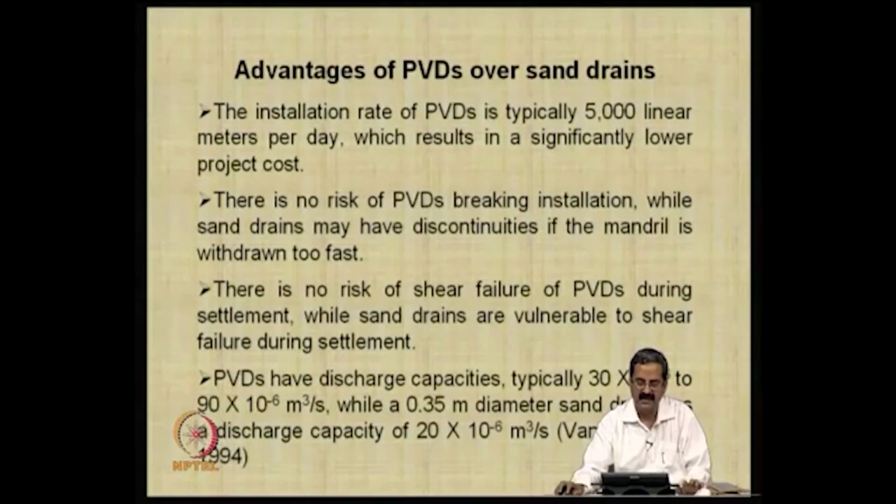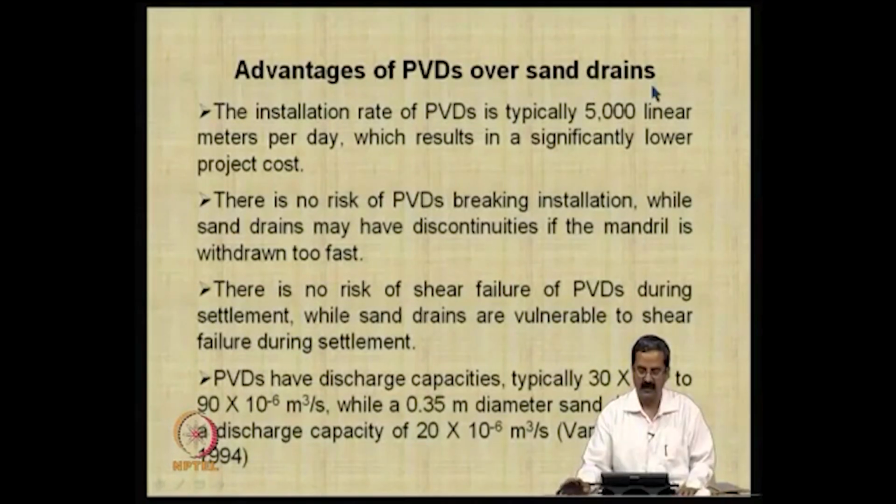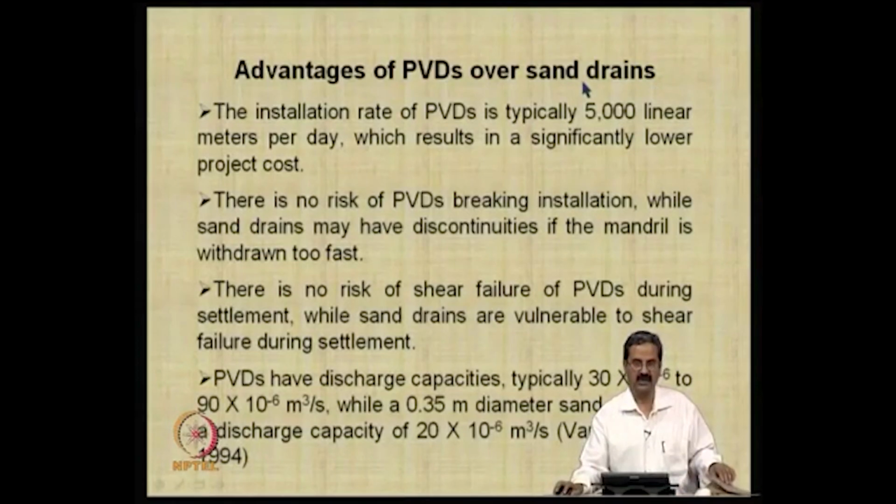I would like to highlight some advantages of prefabricated vertical drains over sand drains. In fact, sand drains have been effective, but you have to make a bore and then put the sand material in, whereas these materials are installed using machines.